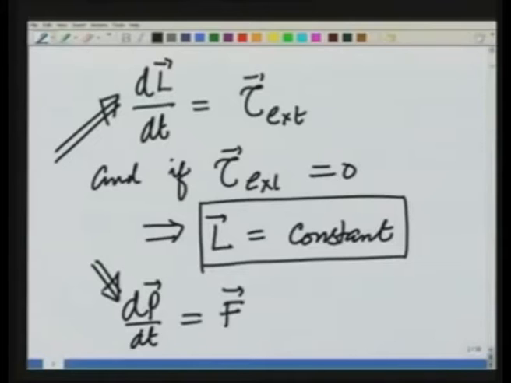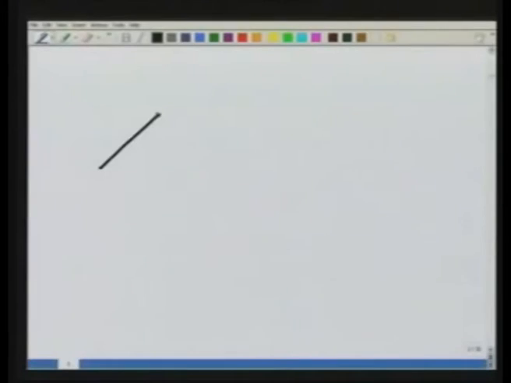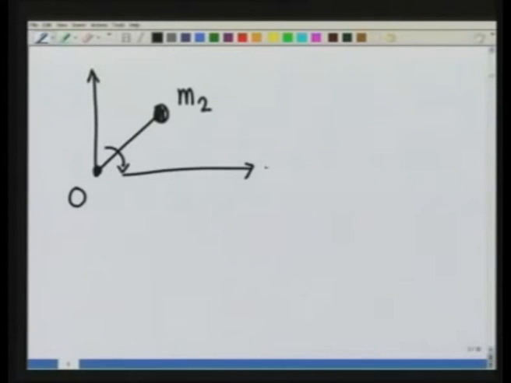The example I take is, let me take a rigid massless rod whose one end is fixed at point O and it is free to rotate like this about this point. At the other end of this, I have a mass m2. Let this and this be my x and y coordinates.